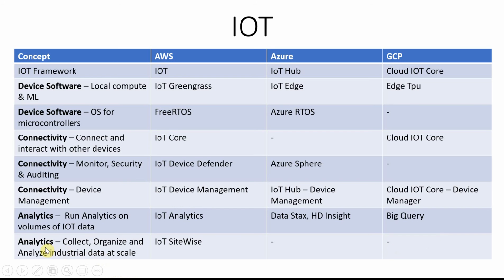Then this one is specific to AWS, because I didn't find any equivalent in this space. This is a category for managing your industrial data. If you take any industry, there will be a lot of devices, starting from a manufacturing plant. In a boiler, there will be many devices to measure temperatures at various points.